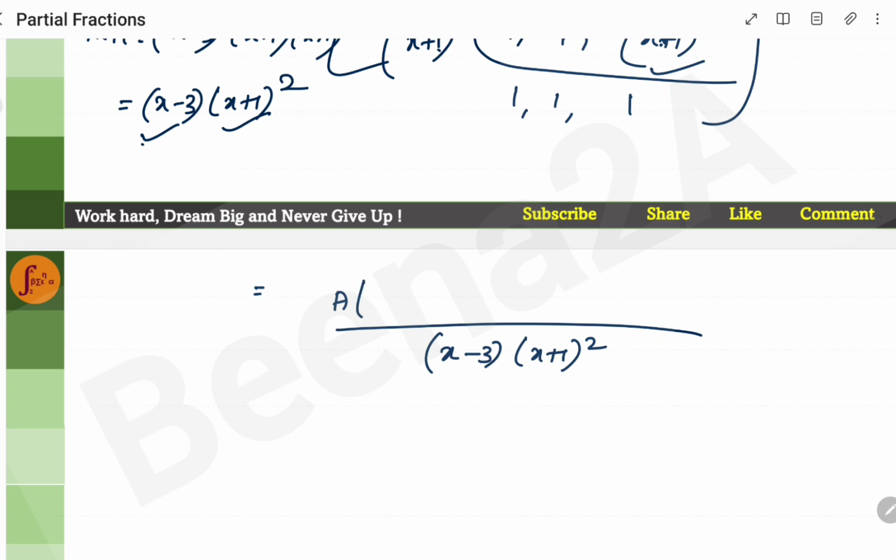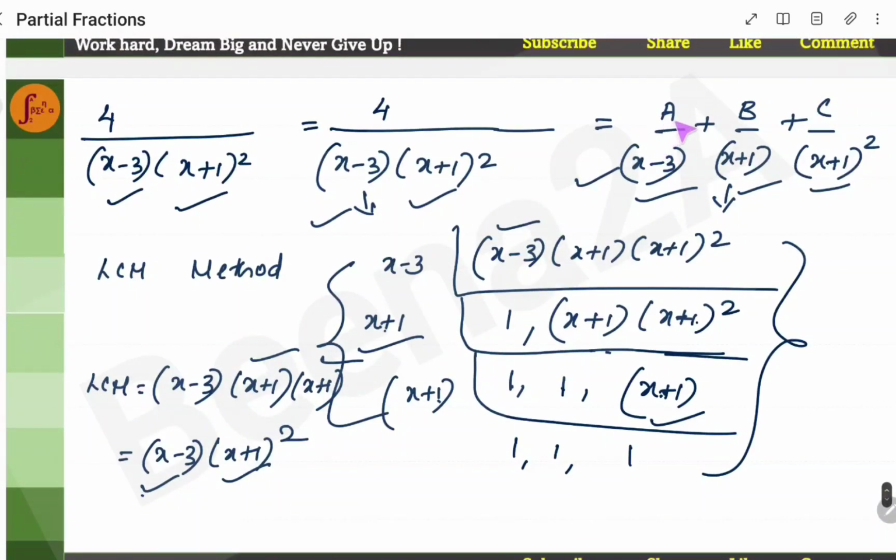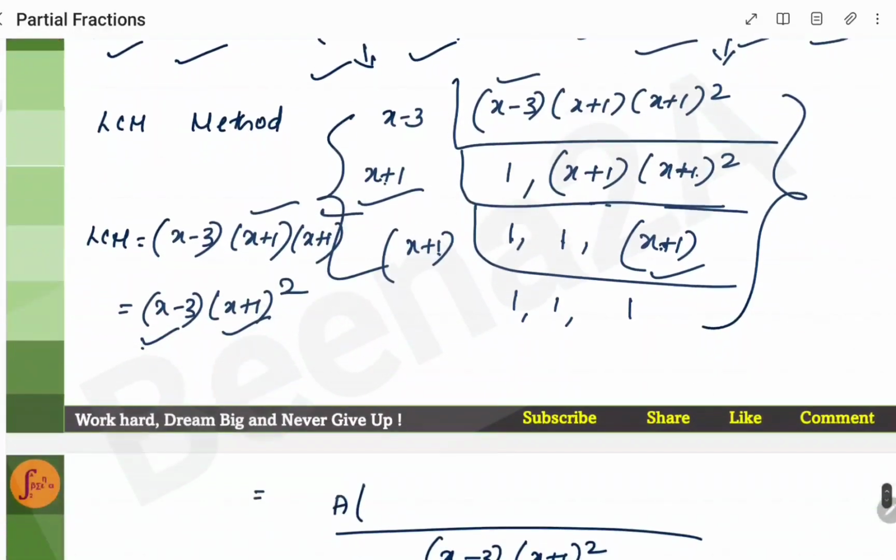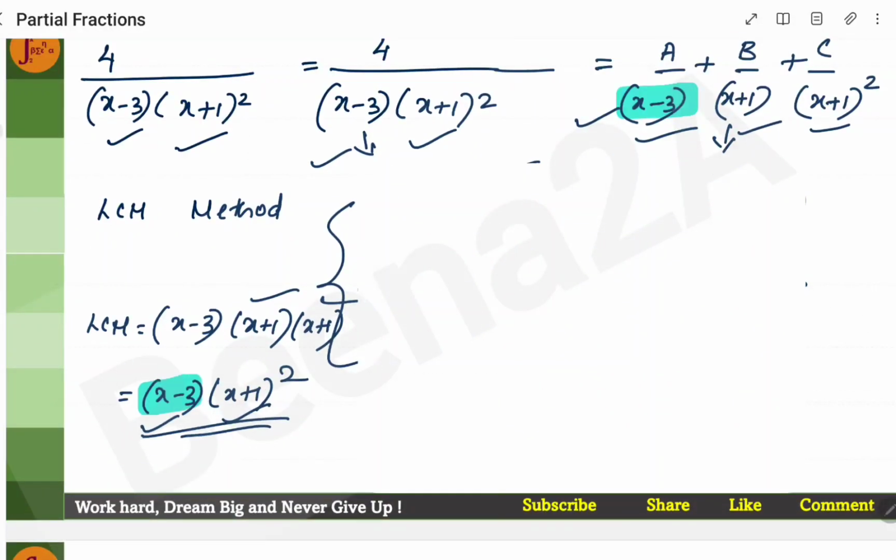Now what should I multiply with A to get this as my LCM? I have x minus 3 already here. So what is left out? X plus 1 the whole square. So I have to multiply A with x plus 1 the whole square.